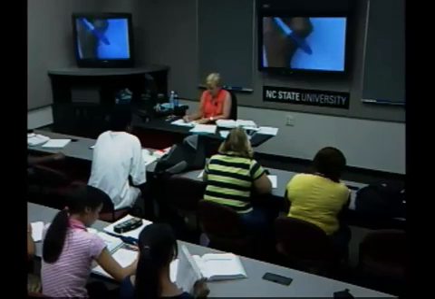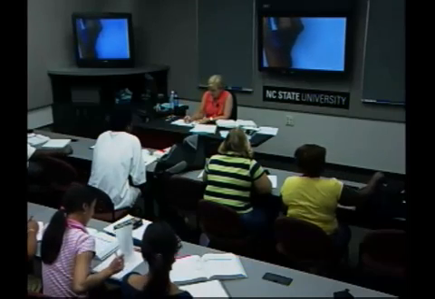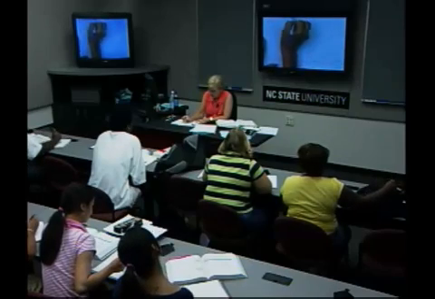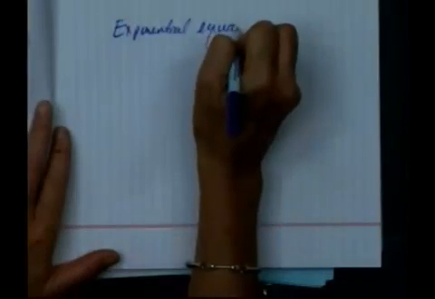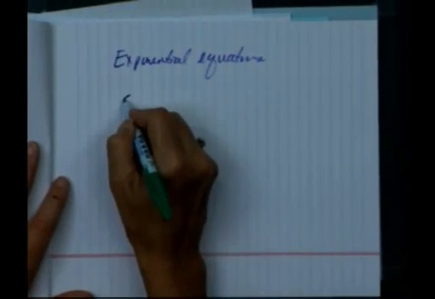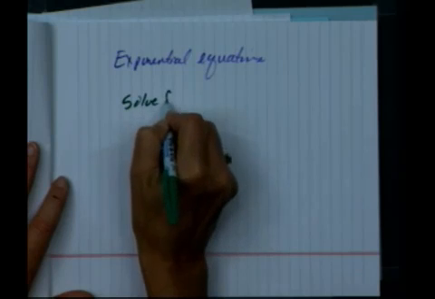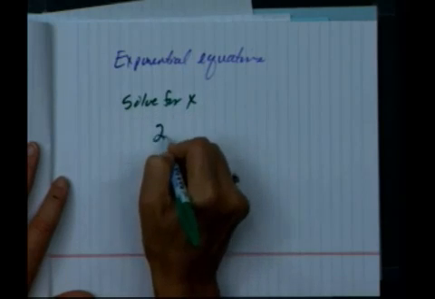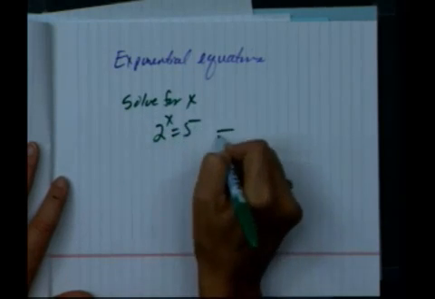Let's spend some time now with exponential equations. Those were logs. Now we want to look at exponential equations. Suppose we wanted to solve for x, and you have 2 to the x equals 5. We've looked at these before.